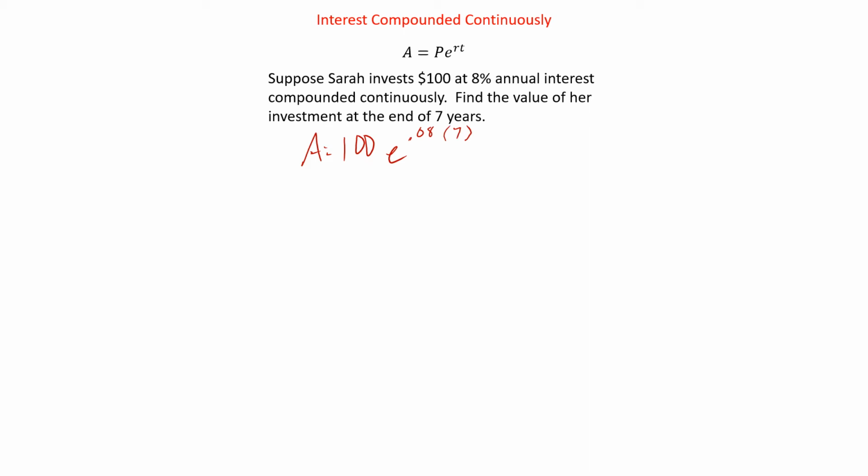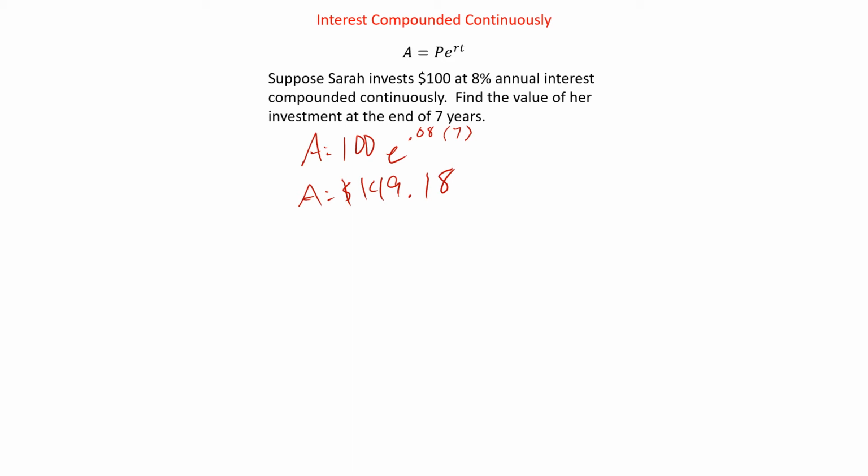So 0.08 times 7, e to that power, and then times 100. Sarah will end up with $149.18 at the end of those 7 years. So with 8% interest compounded continuously, she made almost $50.